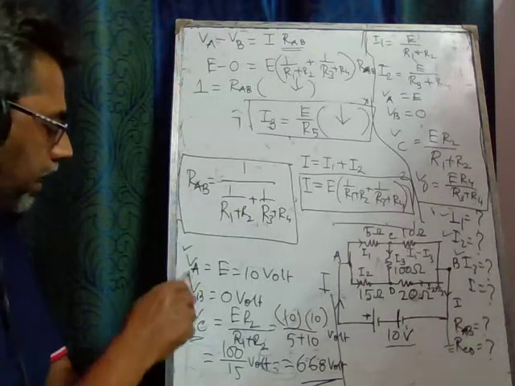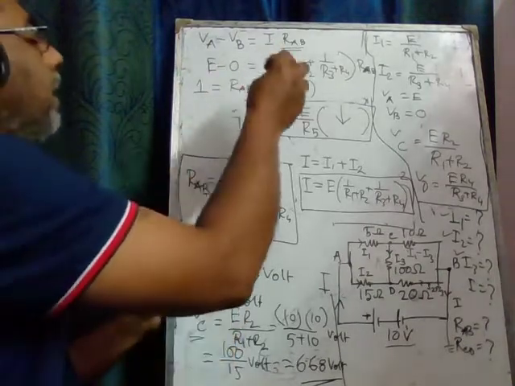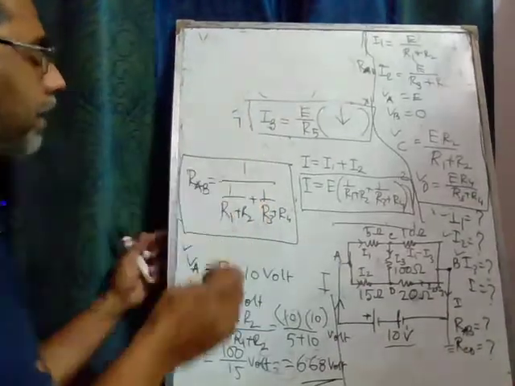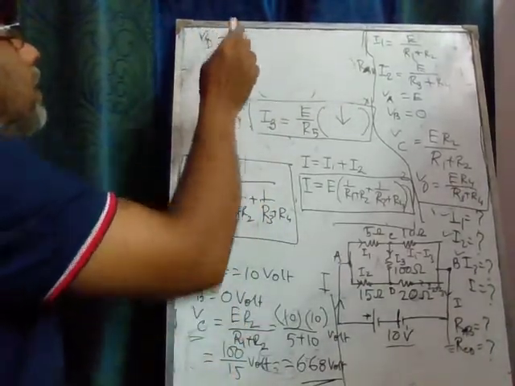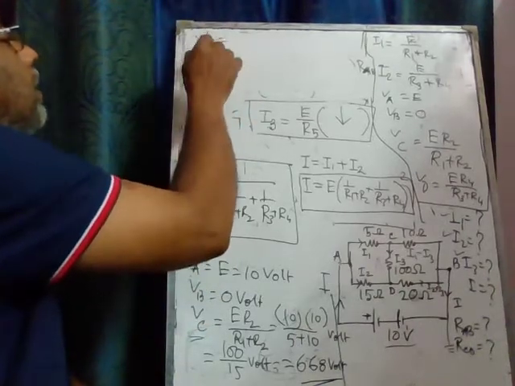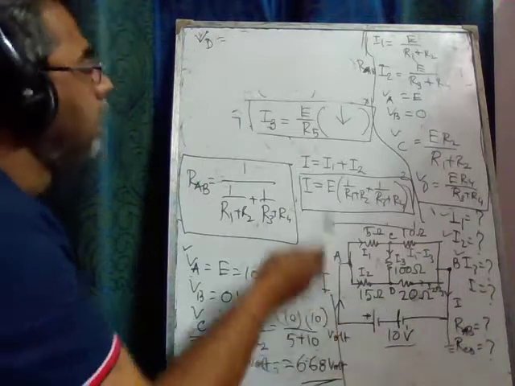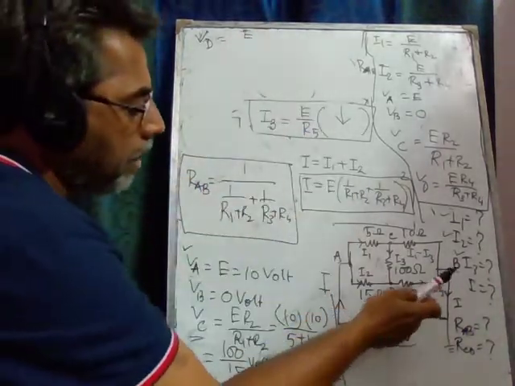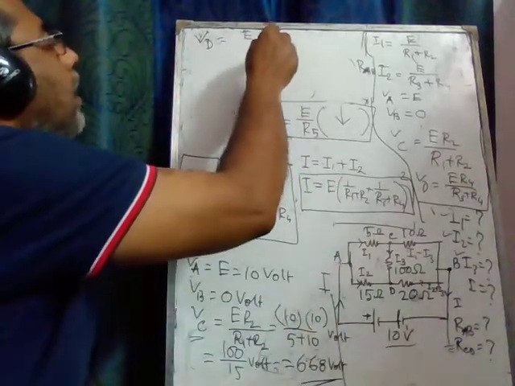So VA, VB, VC are obtained. Now we can calculate VD. According to our formula, the potential at this point VD is E times the resistance R4 over R3 plus R4.